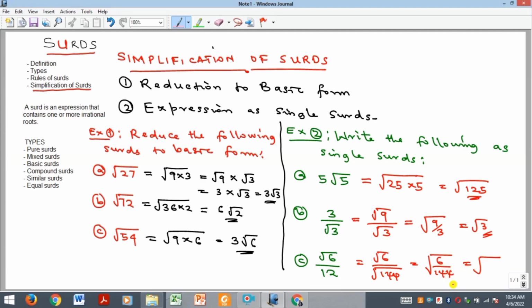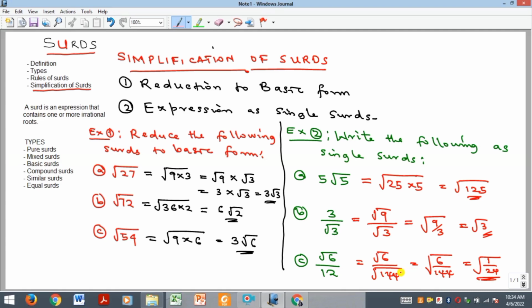Divide this, you get 72. And 3 can divide 72 to give us 24. So you are going to have 1 all over 24 as your single root. And so that's the solution to these problems.